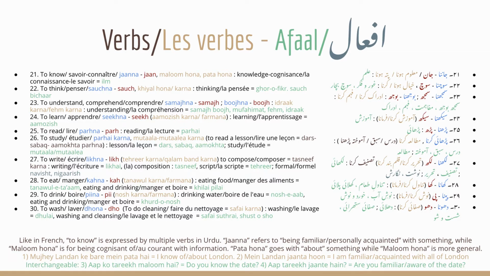To understand or to comprehend is samajhna, and the regional form of this is bujhna. I personally haven't heard this, but it was in most dictionaries, and it makes sense because the noun for understanding or comprehension is samajh bujh.